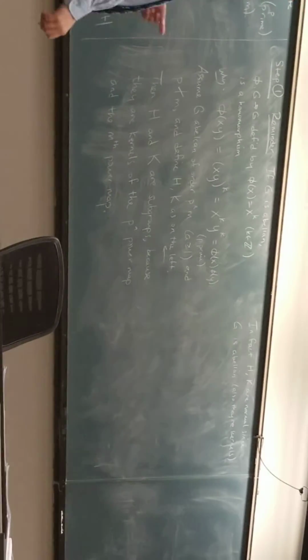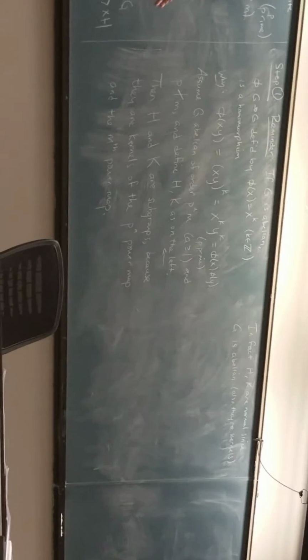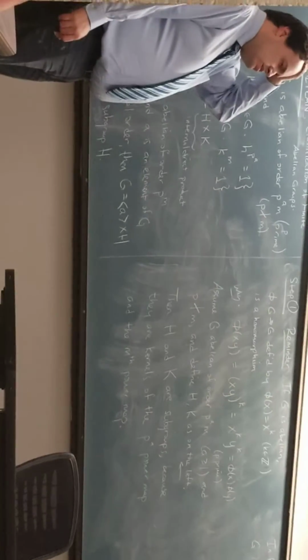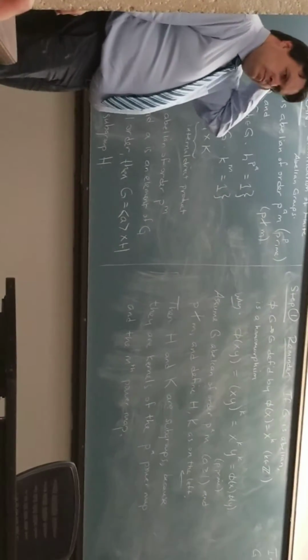So H and K are normal, which is one of the components I need to show that G is an internal direct product of H and K. Does anyone remember what the other two components are?